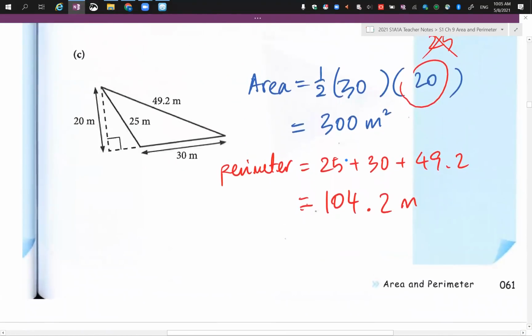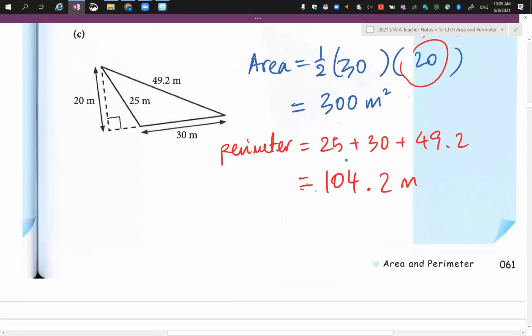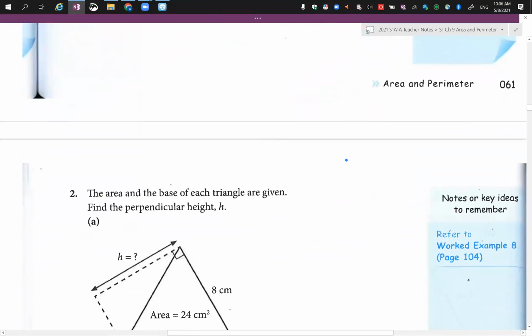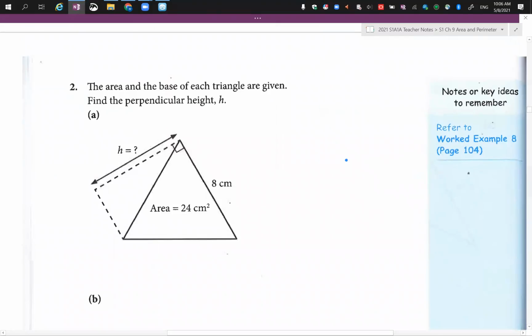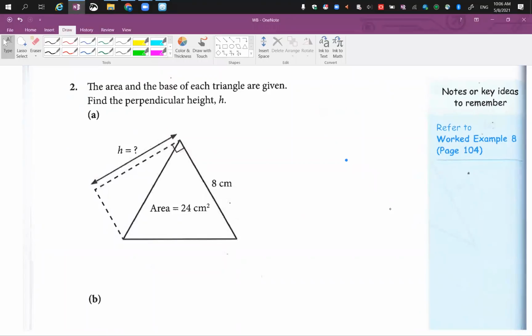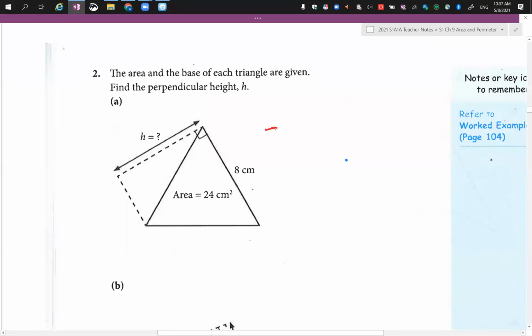Okay, so far? Okay, now I want to see whether you can do 2A by yourself without me teaching. Okay, you try. You try and see whether our area is half times the base. Base will be 8 times the perpendicular height.